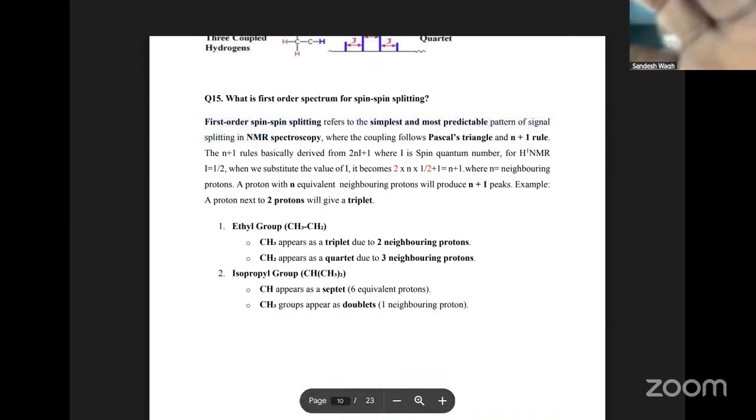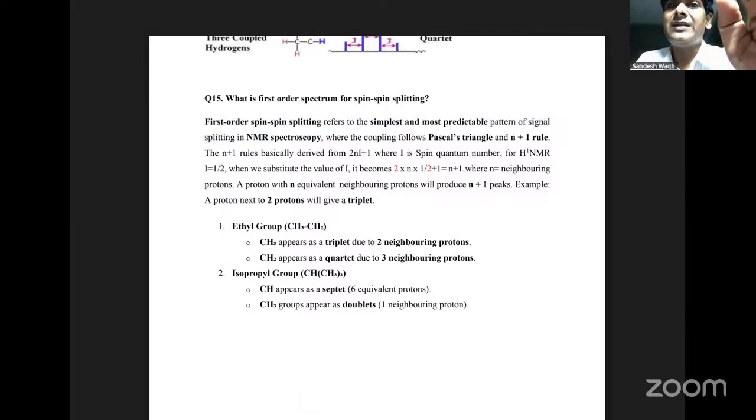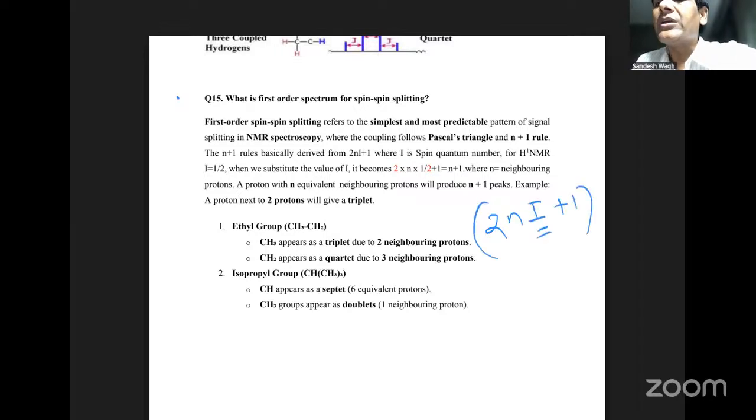Now, first order spectrum for spin splitting. How has this n+1 originated? That is the meaning of that. This n+1 is simply from 2nI+1, where I is the spin quantum number.